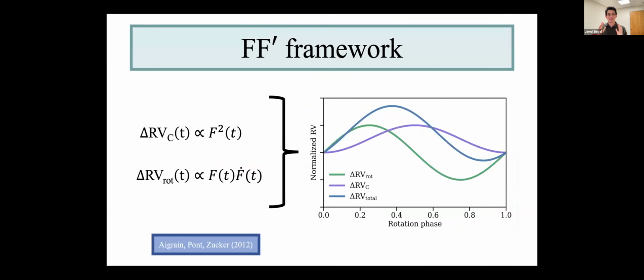Okay, so that's the rotation and convection and how it can be broken down into just functions of longitude and latitude. But of course, longitude and latitude are not the easiest quantities to infer or even observe. What is much easier to observe, or at least approximate, is stellar flux. And that's what was done in the FFPI model.